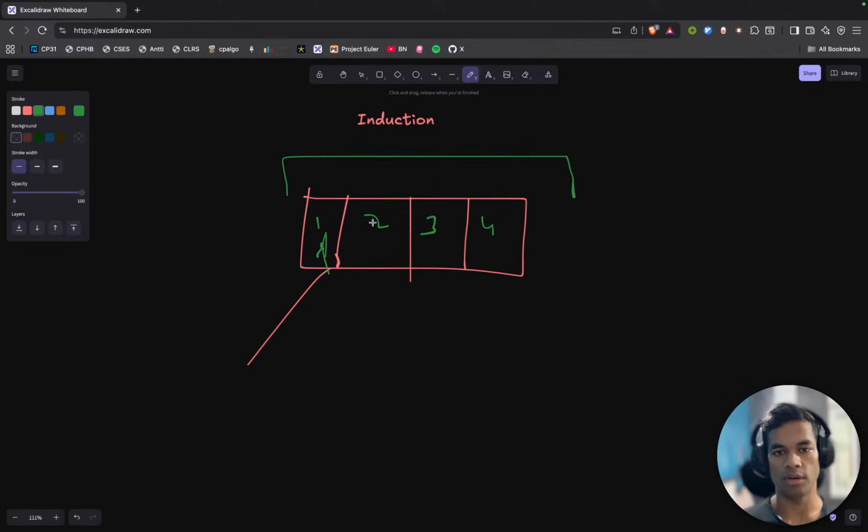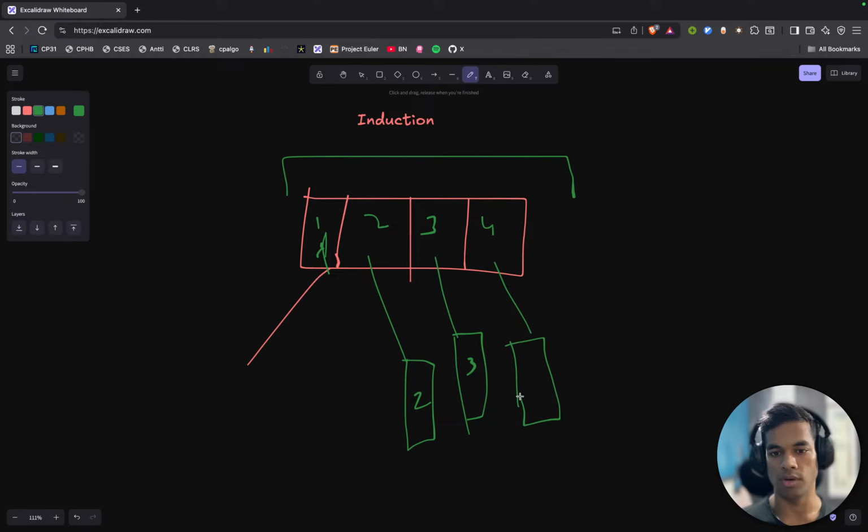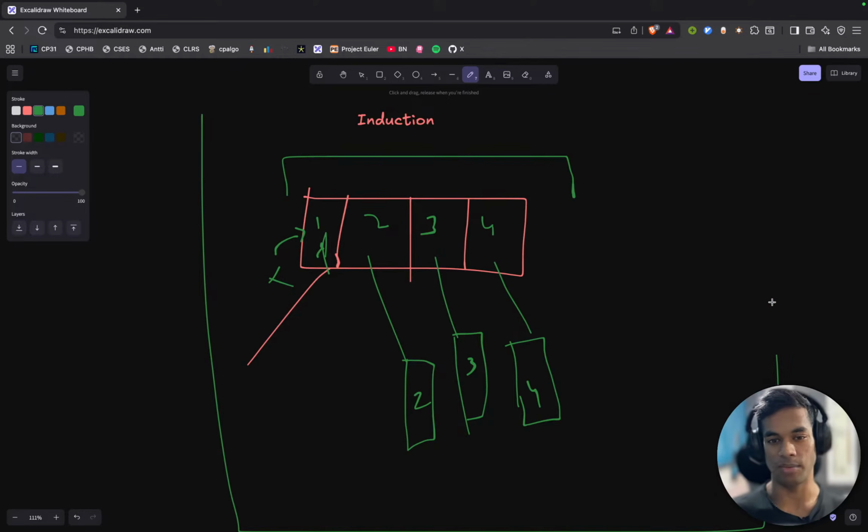To find the optimal solution to this whole thing, I would only require optimal solutions to the second part, the third subproblem, and the fourth subproblem. And the solution for the first one does not actually matter. And this is just an example.